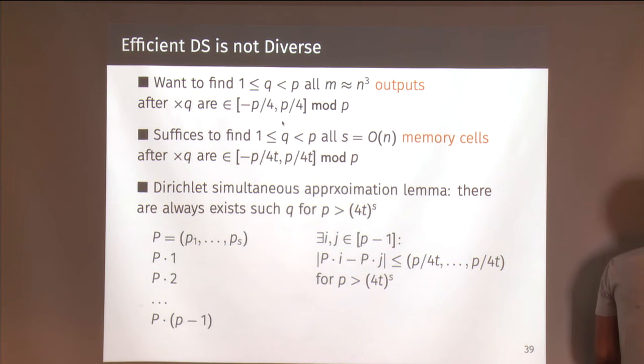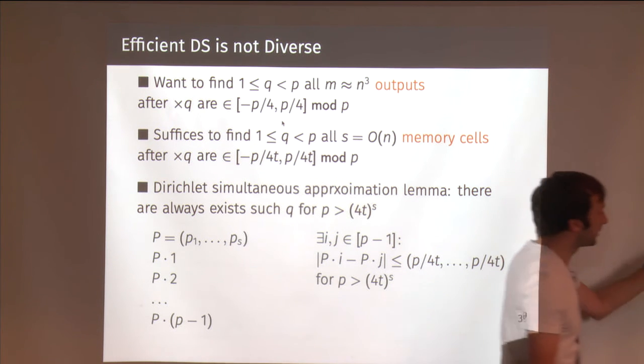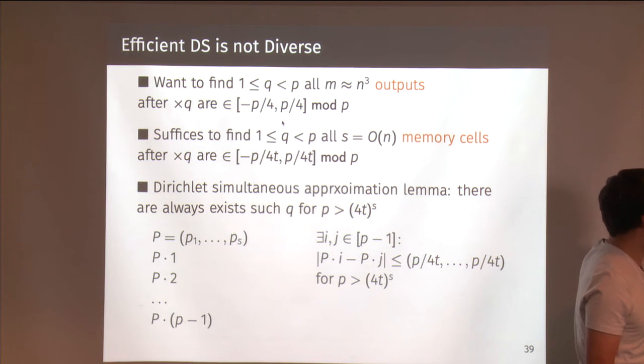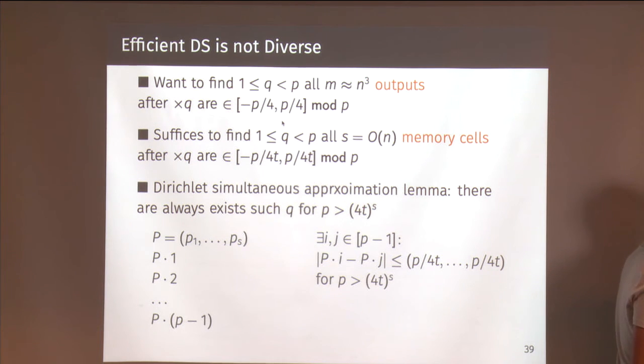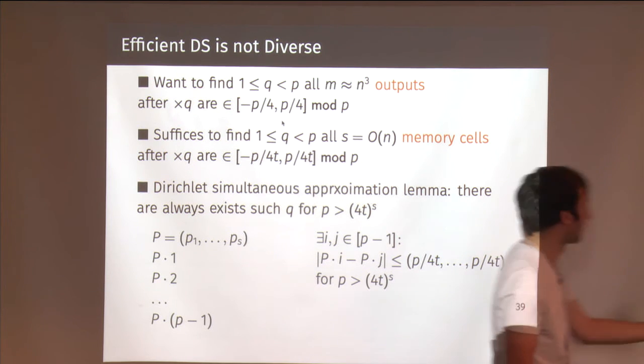X1 must be from, say, 0 to P over 4T. X2 must be from 0 to P over 4T, and so on. XS must be from 0 to P over 4T. The second group will have vectors where the first element is from the same range, the second from the same range, but the last element is from the next range, and so on.